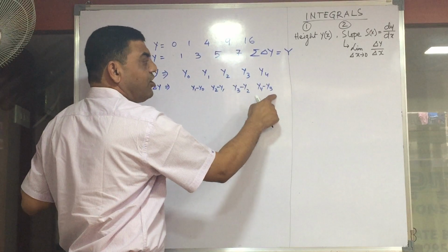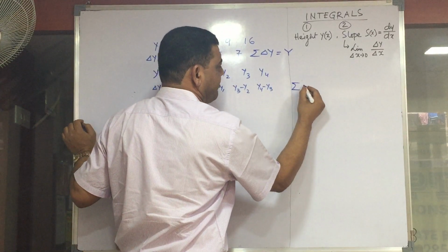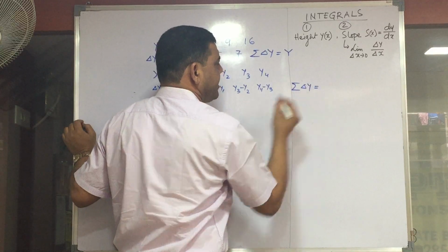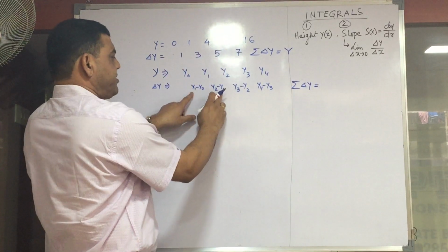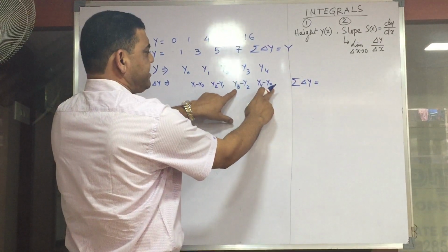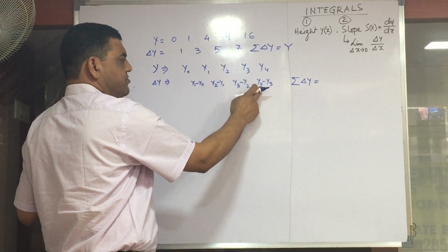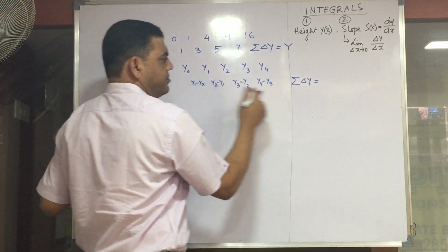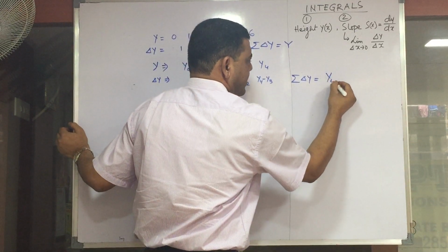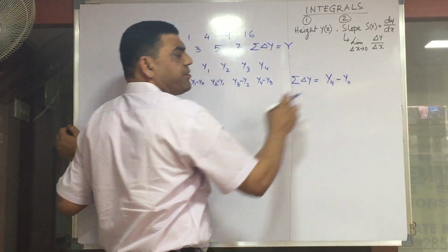So if we add all of them, the summation of delta y is nothing but, you see, y1 will cancel, y2 will cancel, y3 will cancel, and the only two elements that remain are y4 and y0. So it is the last element minus the first element. What does that mean?